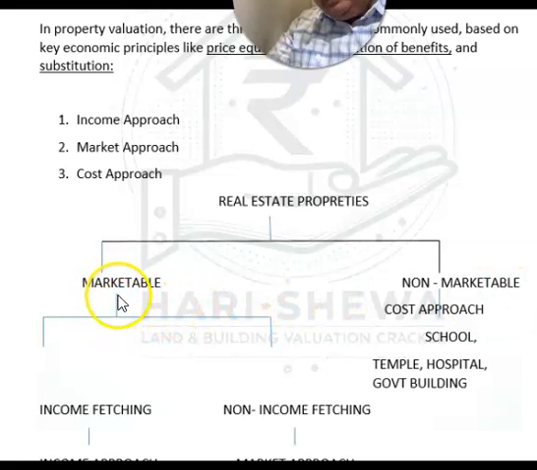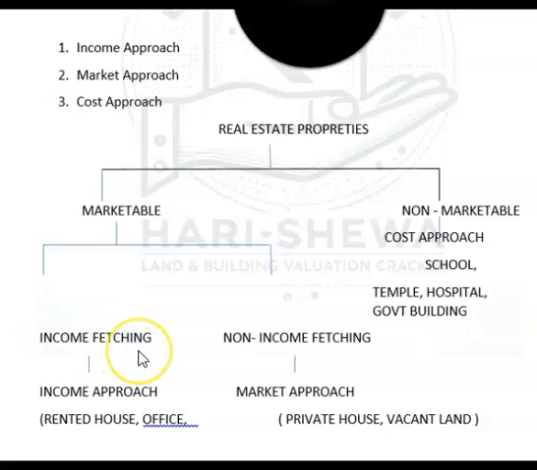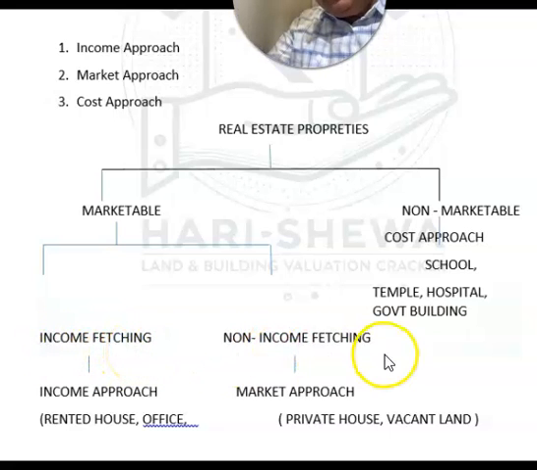Marketable property can again be divided into 2 parts, income fetching properties and non-income fetching. Here, in income fetching we are getting rent and other income from the property, and in non-income fetching, no rent you will get.